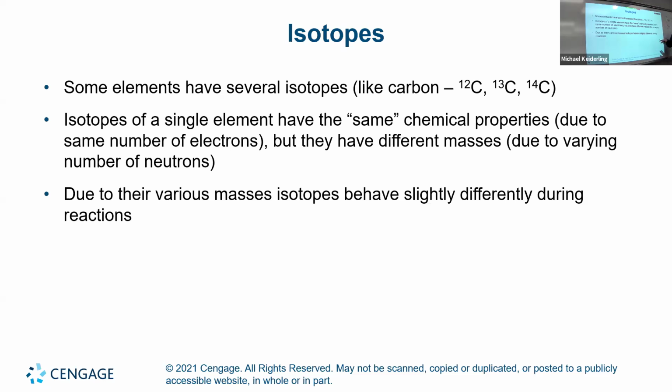Isotopes of a single element have the same chemical properties. All those carbons are going to act the same, but they have different masses because they have a varying number of neutrons. Because their masses are a little bit different, they can act a little bit different in reactions. The effect is strongest in smaller elements because the change is a bigger fraction of the mass.